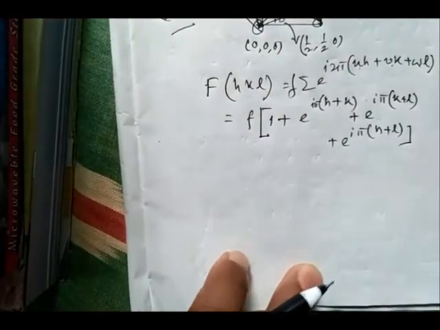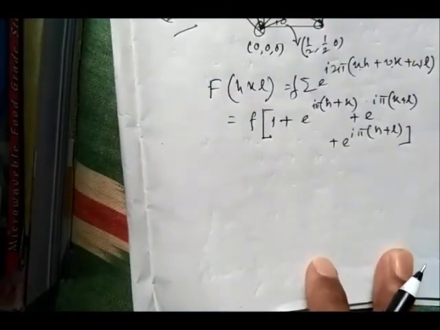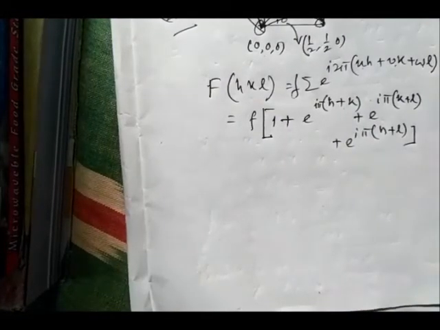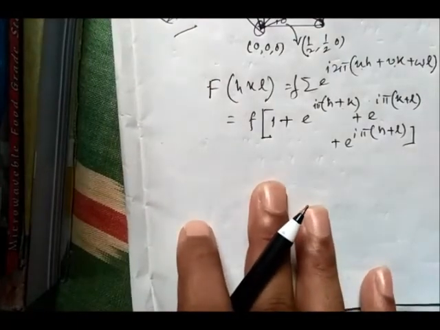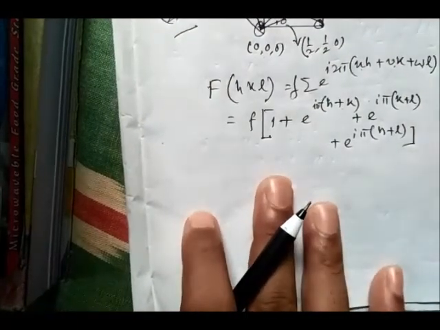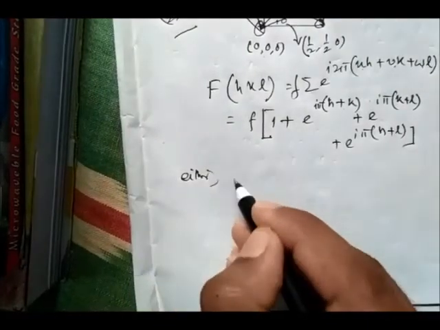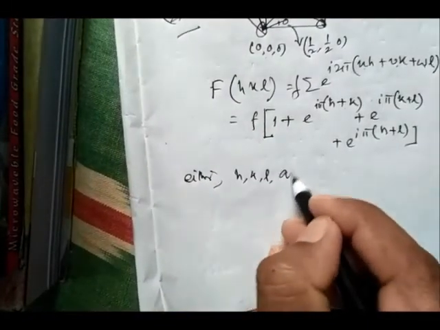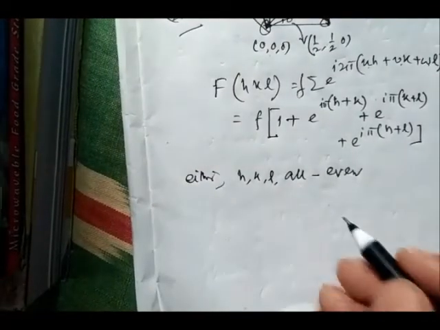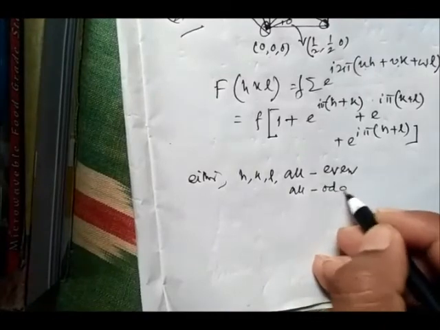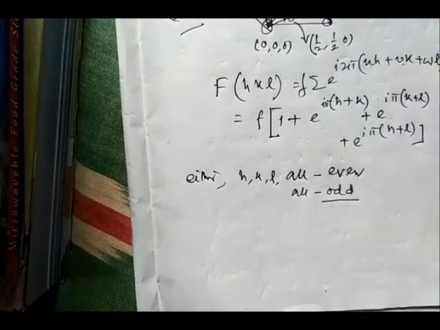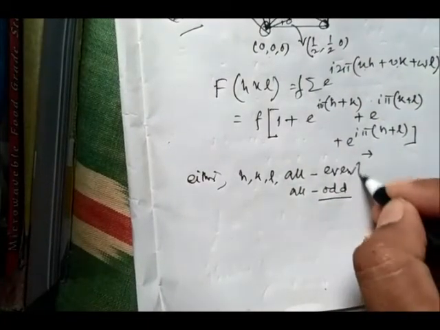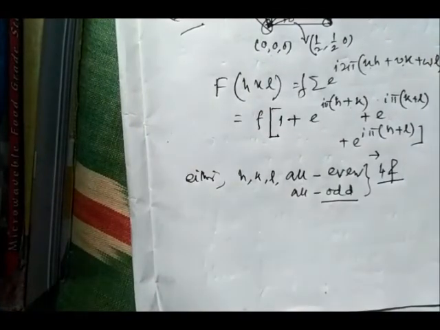Now if you look at this, you will see that this structure factor is non-zero only when h, k, l are either all even or all odd. In that case the structure factor becomes 4f.